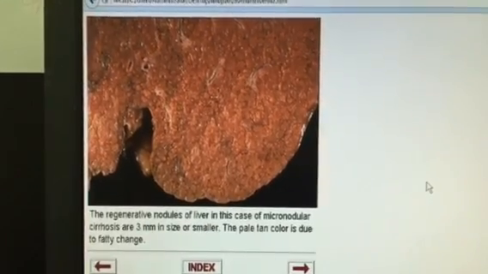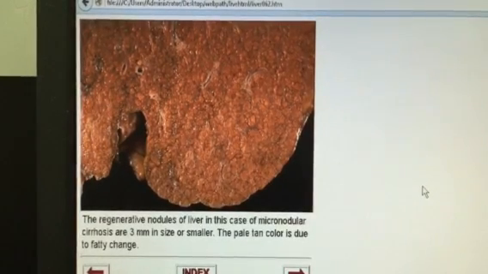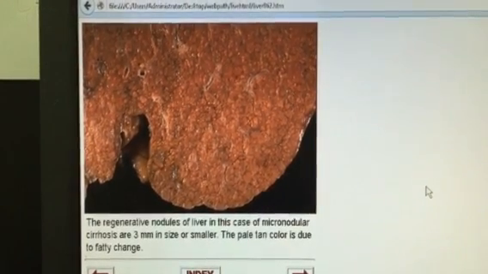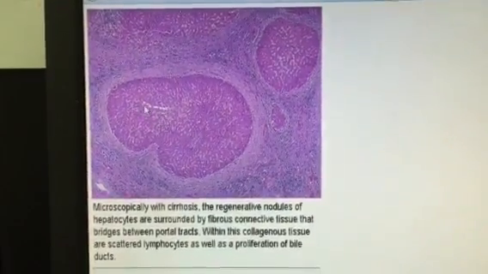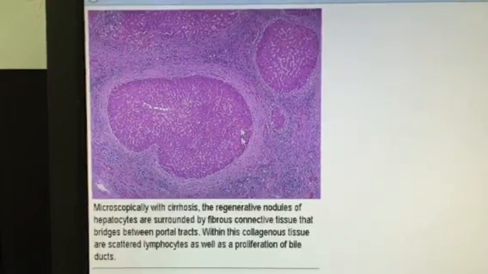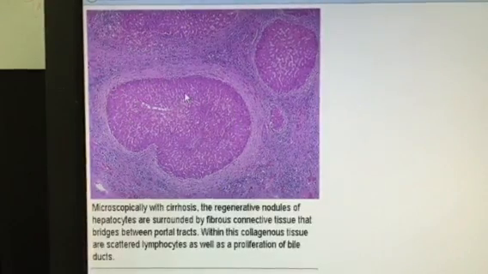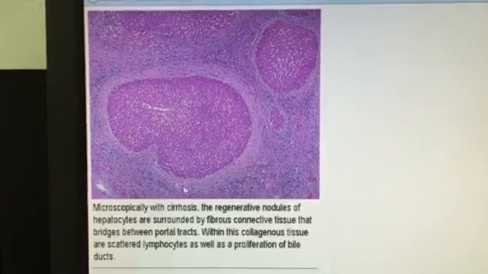Again, if there is any fibrosis, the liver will try to regenerate itself by regenerative nodules. How can we see it under the microscope? The regenerative nodules will be surrounded by fibrous connective tissue. Sometimes in the fibrous connective tissue we can see scattered inflammatory cells.